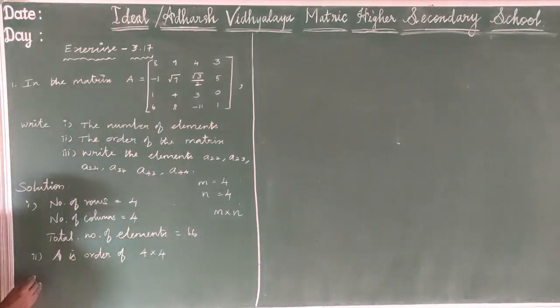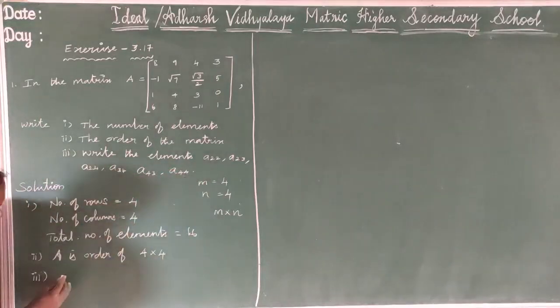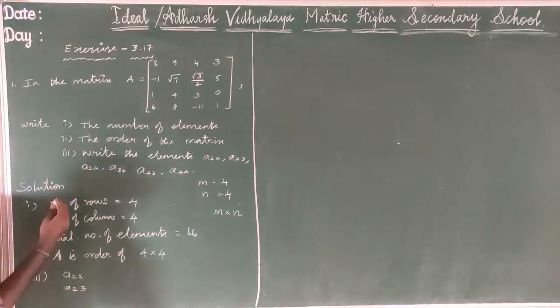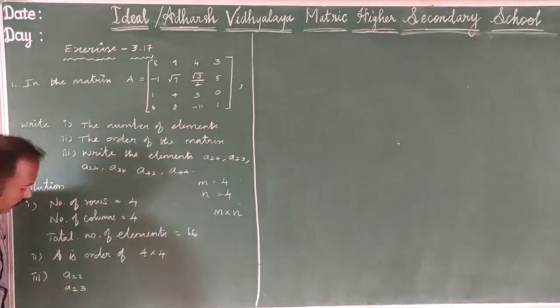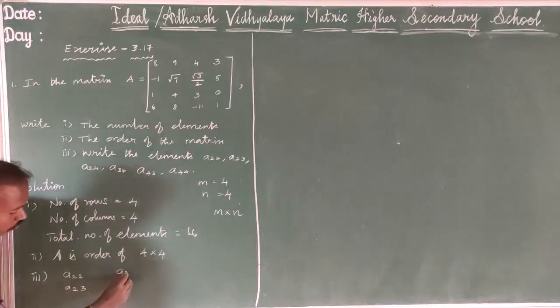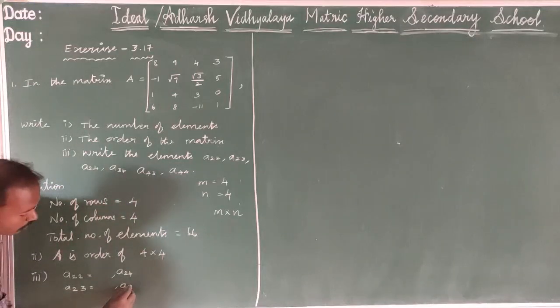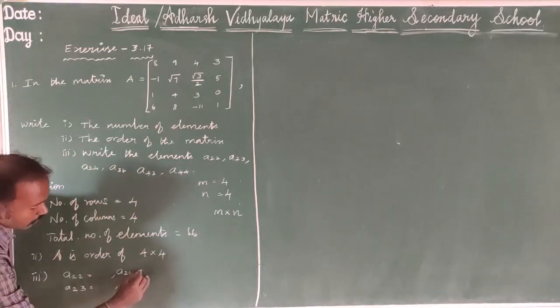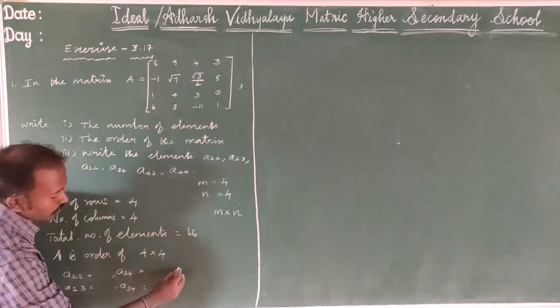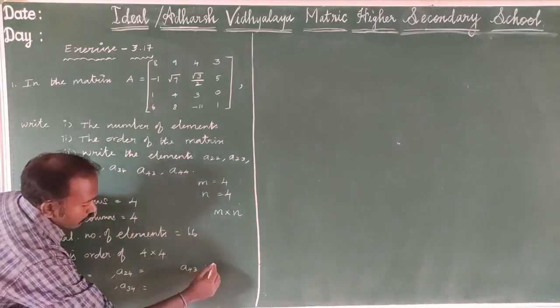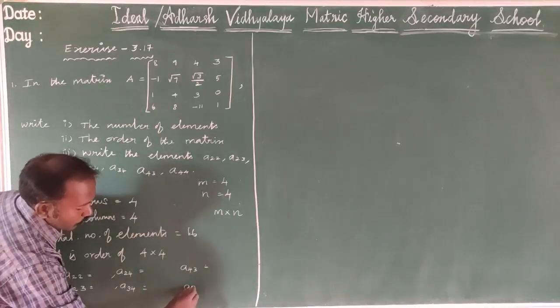Next one, third subdivision. A22, then A23, then A24, next one, A34, next one, A43, then A44.